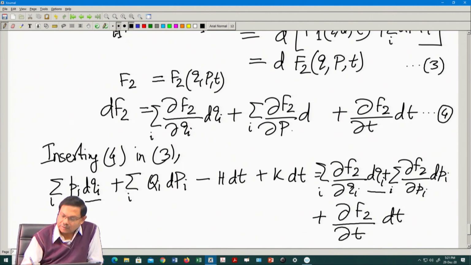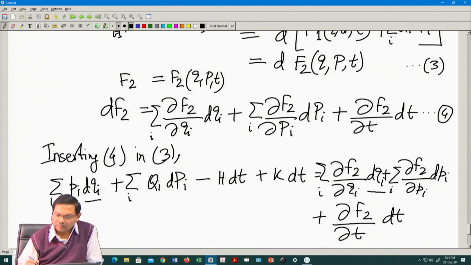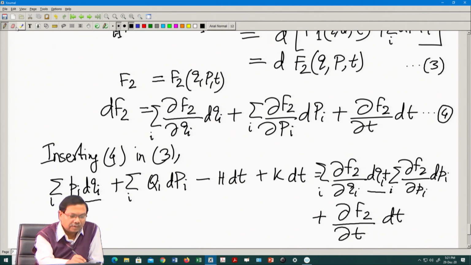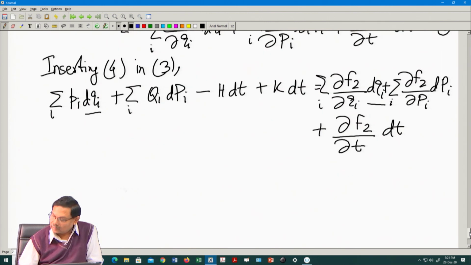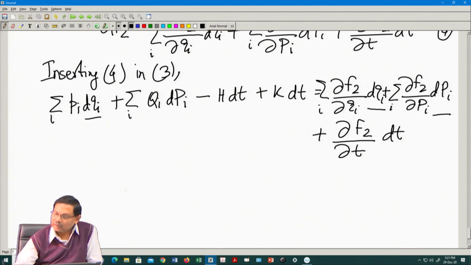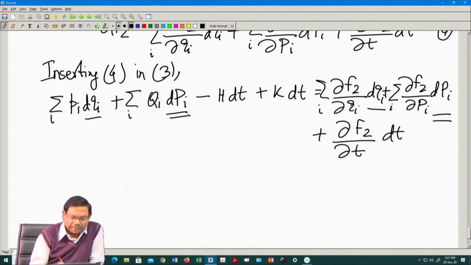So, this is P_i dP_i, that is what we have here. So, this has to be corrected here also. So, this is P_i dP_i, right. Now, you see we have to take the coefficient of this and the coefficient of this. So, if we do that, what do we arrive at?